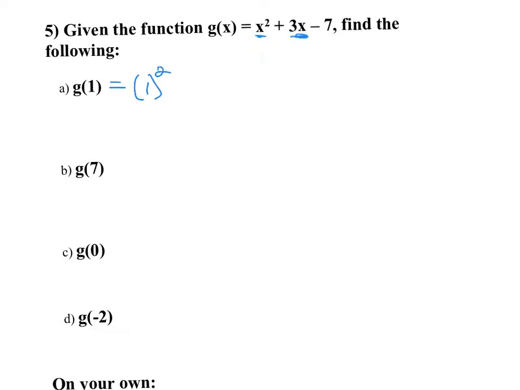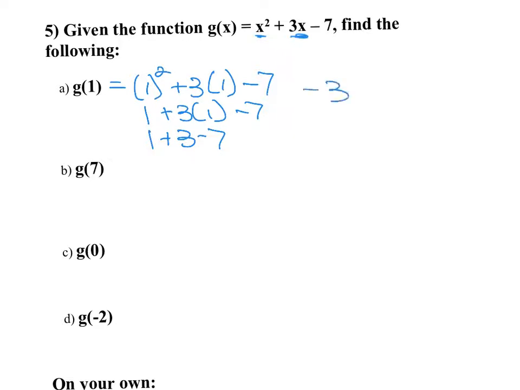So I have 1 squared plus 3 times 1 minus 7. When I solve this, I'm going to do my exponent first. And you can really just put the whole thing in your calculator at that point. And when I do 1 plus 3, I get 4. 4 minus 7 is negative 3.